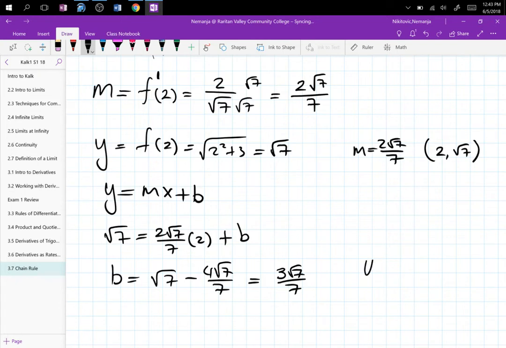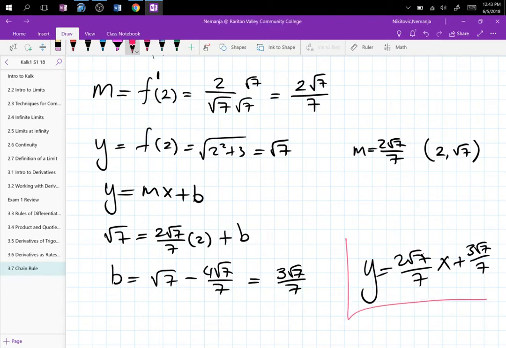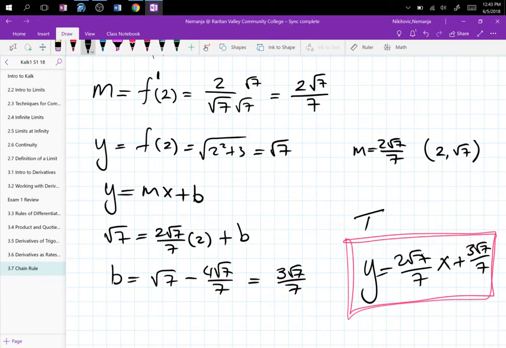So the tangent line is y equals 2 root 7 over 7 x plus 3 root 7 over 7. So that is our tangent line at x equals 2.